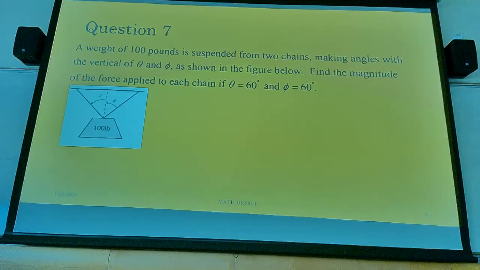For those of you who've taken intro mechanics, what are we looking for? What is it called? Tension.